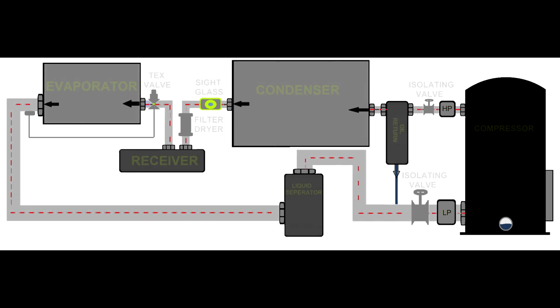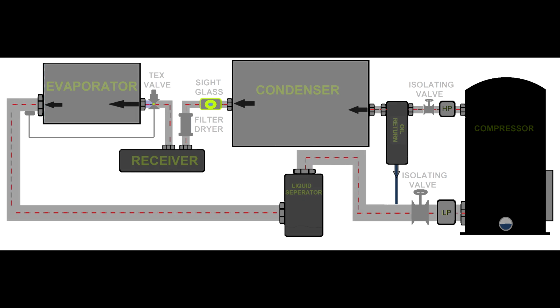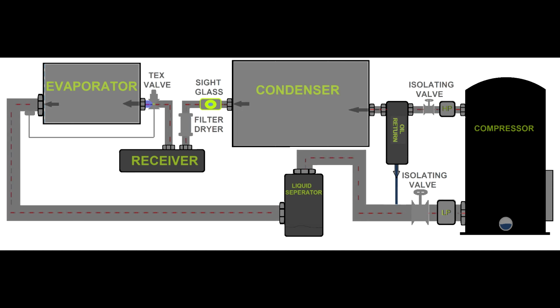Then the refrigerant goes to the condenser where it is cooled, and then it goes out of the condenser to the sight glass, to the filter dryer, to the receiver, and it reaches the thermostatic expansion valve.